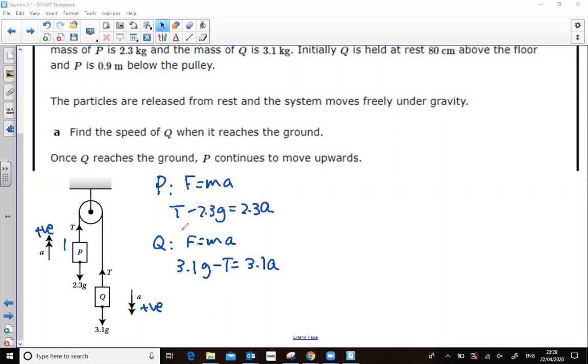So can you see in both of the equations, we have two unknowns, which are the tension T and the acceleration A. And we know that the tension is the same, so we can make T the subject and substitute into the other equation.